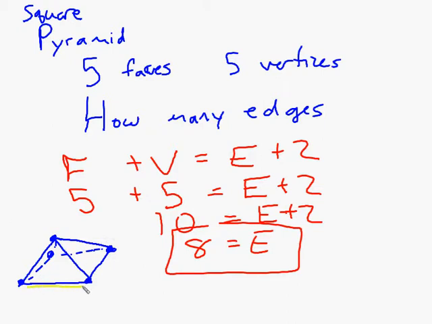So let's count. 1, 2, 3, 4, 5, 6, 7, 8. 8 edges, verified by a diagram. Now, we have to go through some definitions here. Any questions on using the formula? No? Okay, then we will go on.